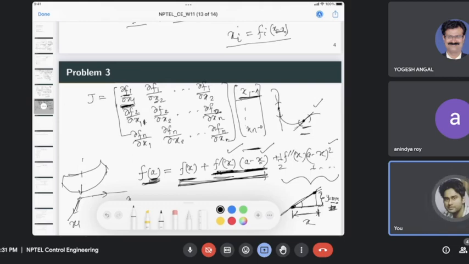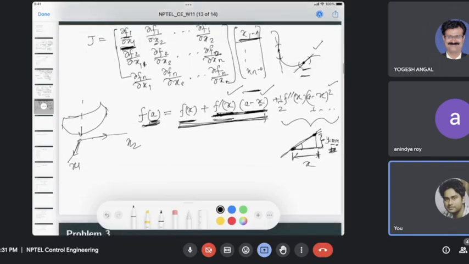This derivative, that is dou f by dou x1, means what? It's just the change of this function with respect to x1, how it's changing. So if x1 has changed by a small amount in the neighborhood, then what will be the effect on the original function? It will be the rate of change times this x. Is that clear or is it just confusing?